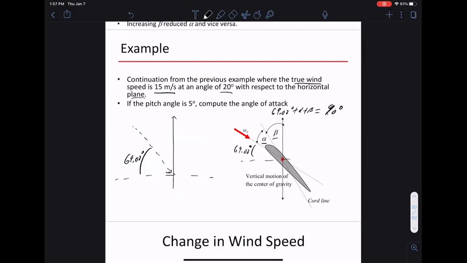So alpha is just 90 degrees minus 69.02 minus beta, so we get 15.98 degrees. This is our angle of attack. So if we know the pitch angle, we can figure out the angle of attack given the relative wind angle.